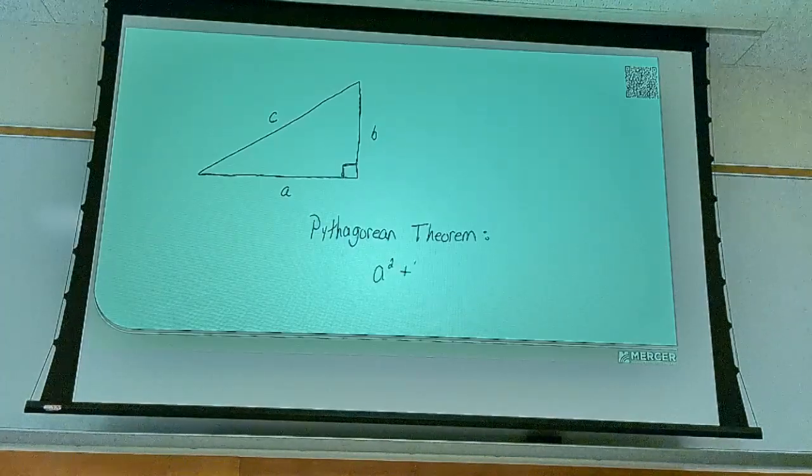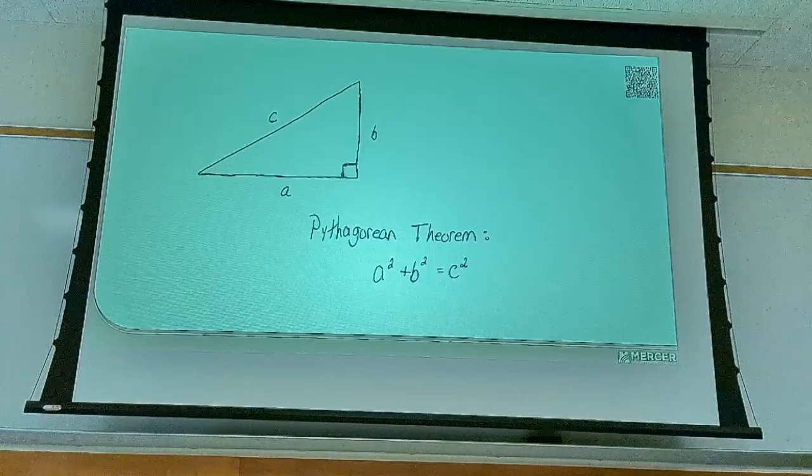Oh, you can find the other side. Every right triangle has to follow that. The sum of the square of the sides is equal to the square of the hypotenuse.